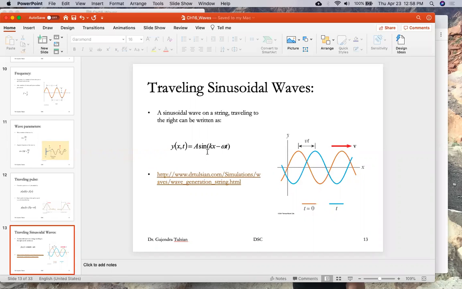Frequency can be written as omega over 2 pi, and wavelength is 2 pi over k. If you refer to the definitions of wave number and frequency, omega was equal to 2 pi f, and k was equal to 2 pi by lambda.